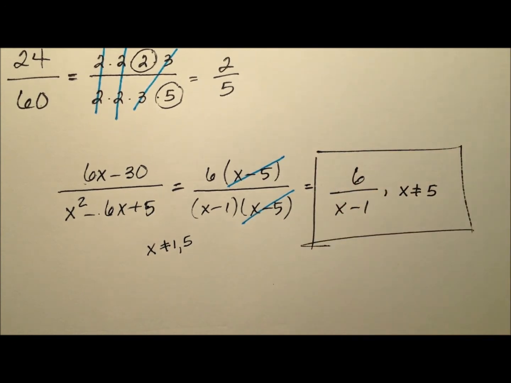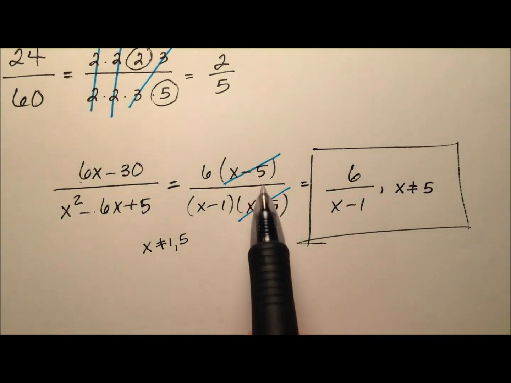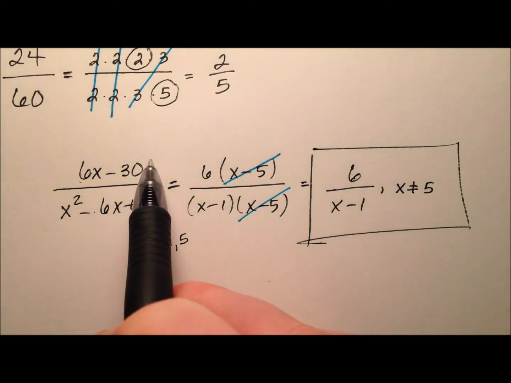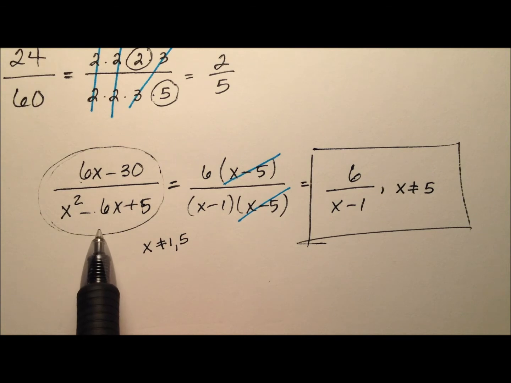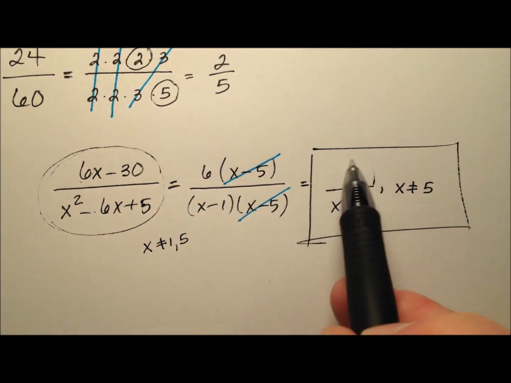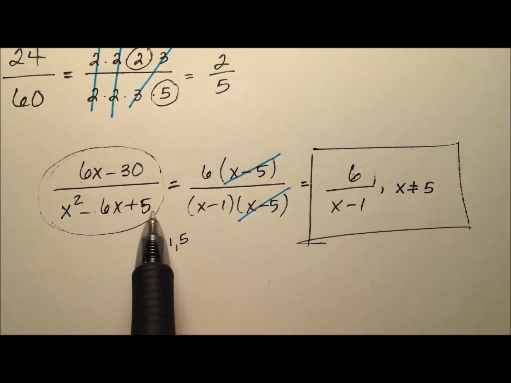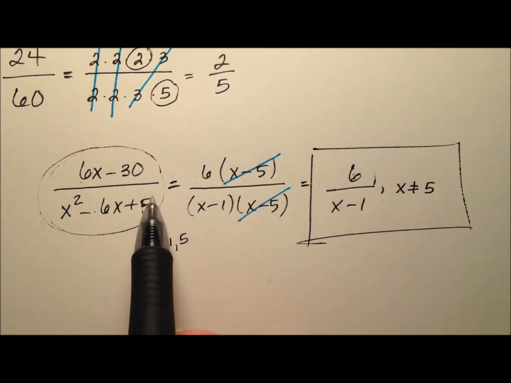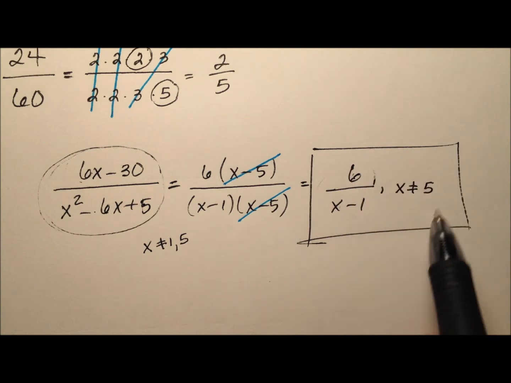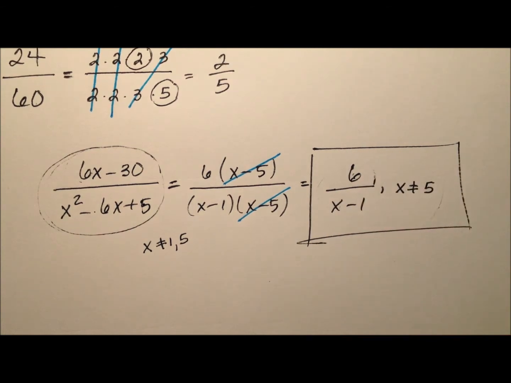So what happened is we canceled out this x minus 5, but since we're simplifying this original rational expression, yes, it simplifies down to 6 over x minus 1, but we have to keep the stipulation that x couldn't be 5 originally, so it can't be 5 here either. Okay, that's the first example.